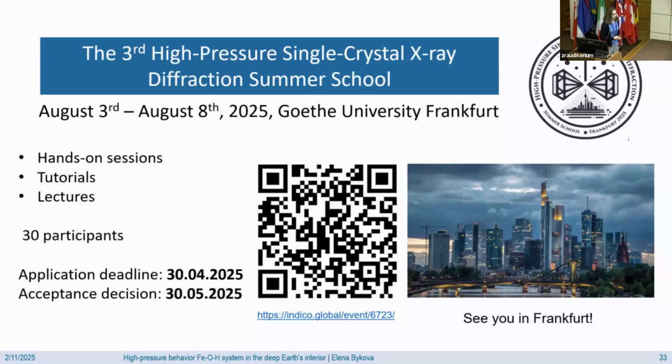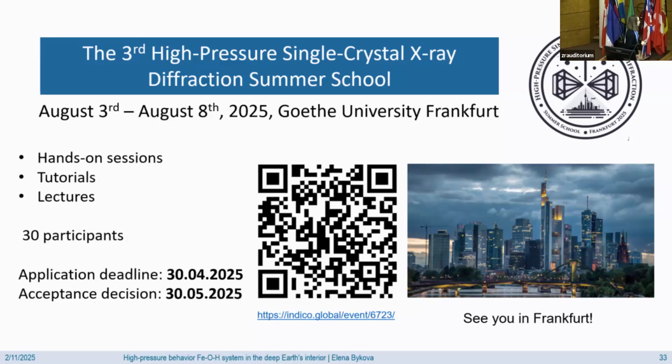Just a small promo: for those who are interested in methods for how to do this multi-grain crystallography in diamond anvil cells, we are organizing a summer school in Frankfurt from the 3rd to 8th of August 2025. It will include hands-on sessions, tutorials, and lectures.